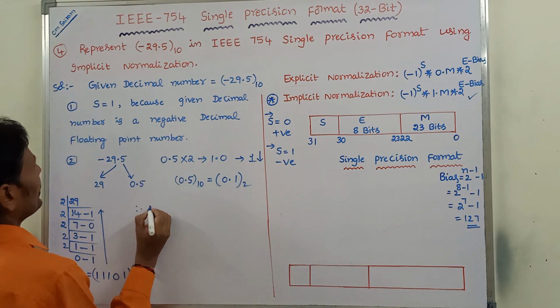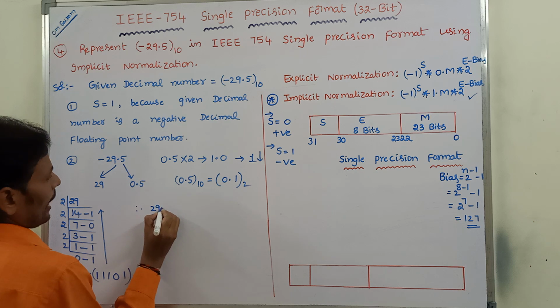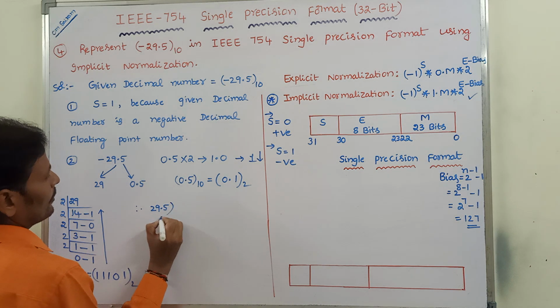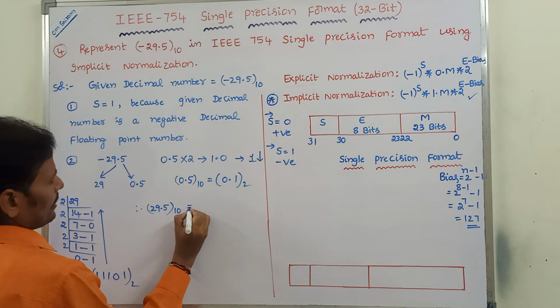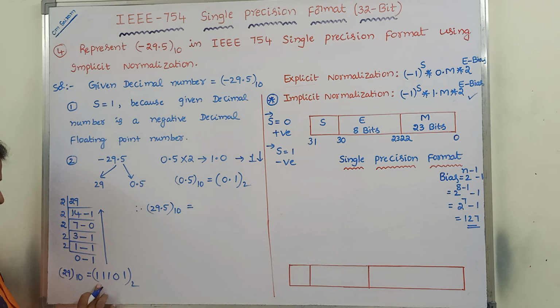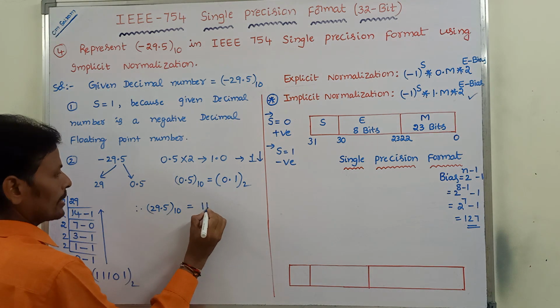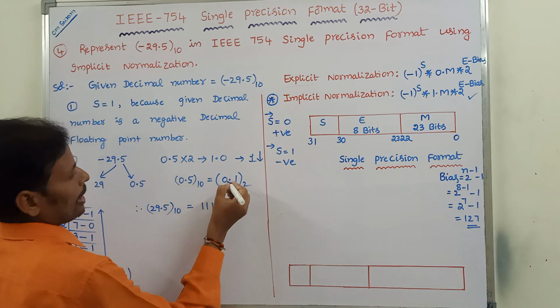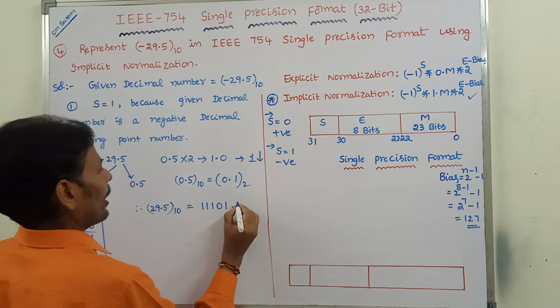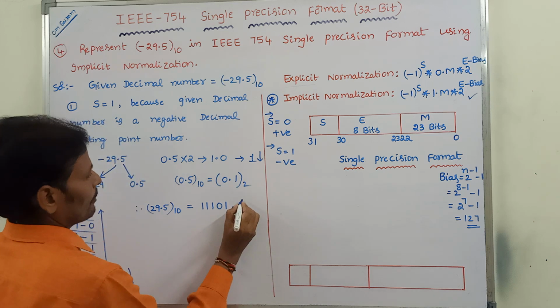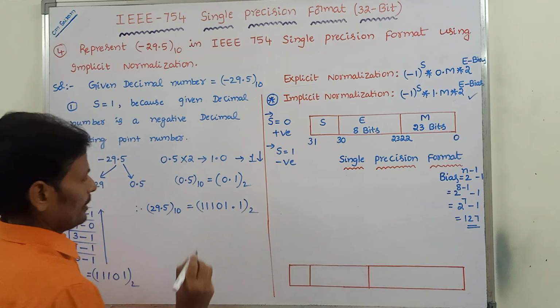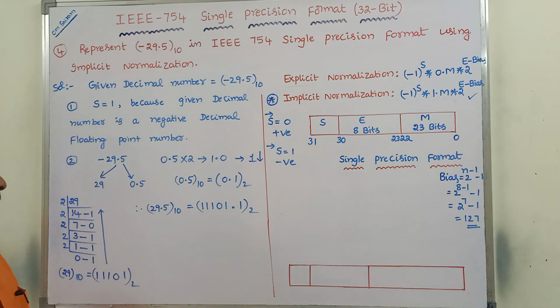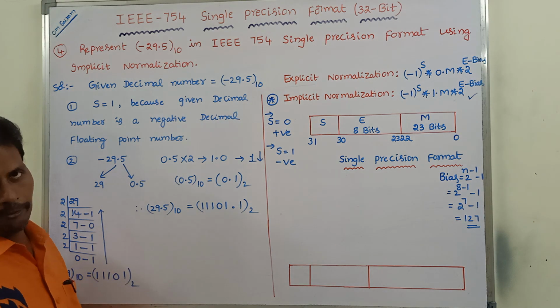Therefore 29.5 base 10 has binary equivalent 11101 point 1, that is, the integer part 11101, point, the fractional part 0.1 base 2. This is the binary equivalent of 29.5.